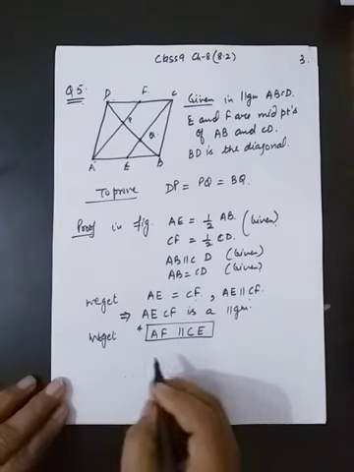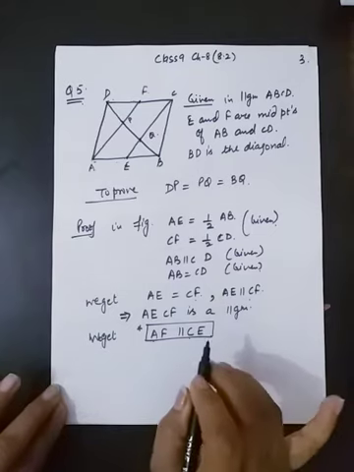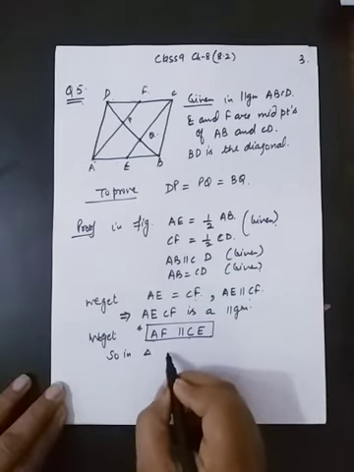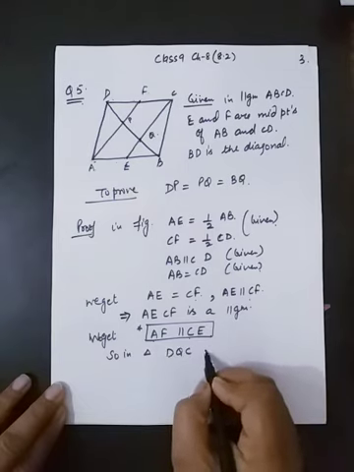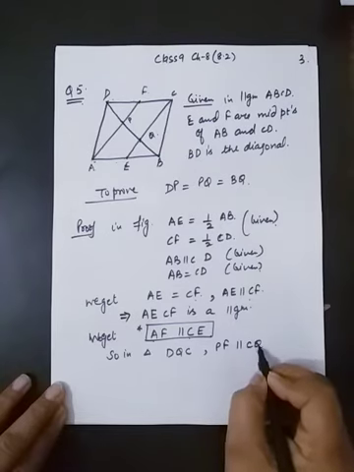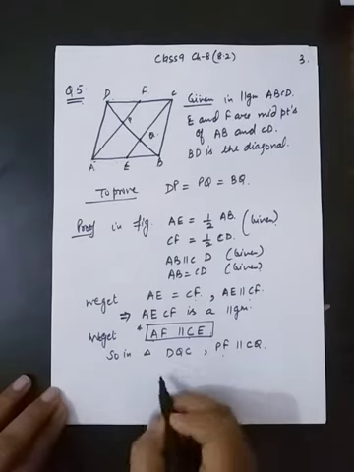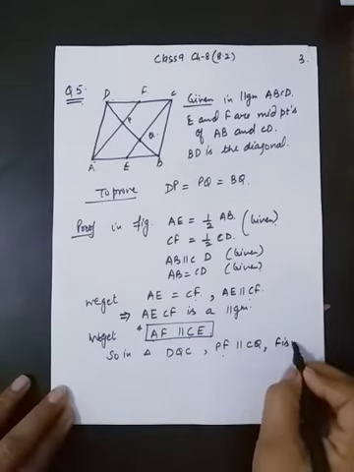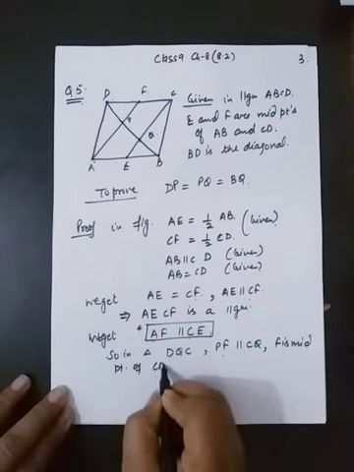Now, AF is parallel to CE. We get this one. So, in triangle DQC, PF is parallel to CQ. We can say this also by this result. And F is the midpoint of CD.